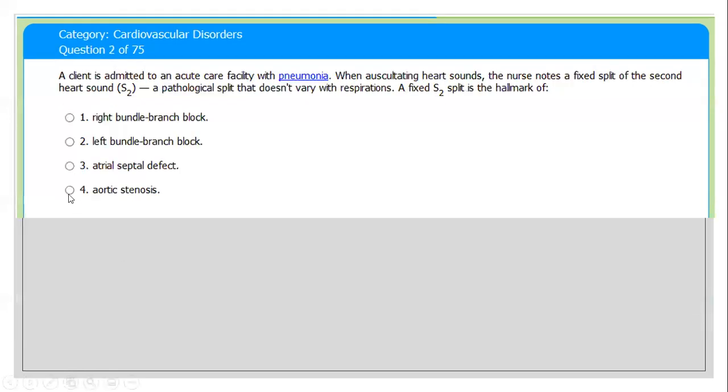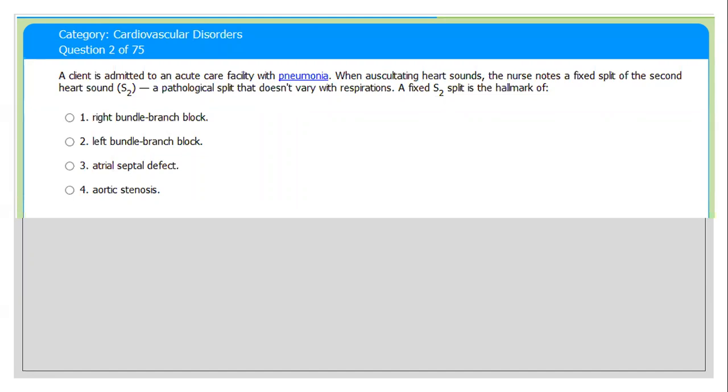What next? A client is admitted to an acute care facility with pneumonia, an infection of the lungs or an infection of the air sacs in one or both lungs, characterized by severe cough, fever, and difficulty breathing.